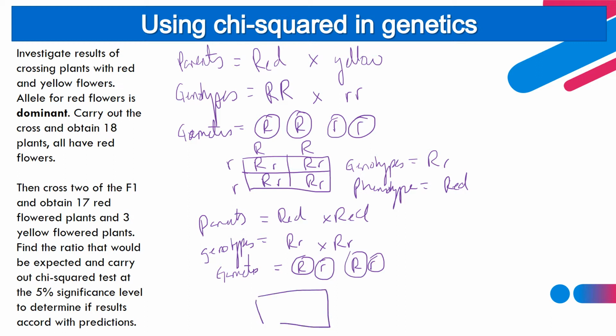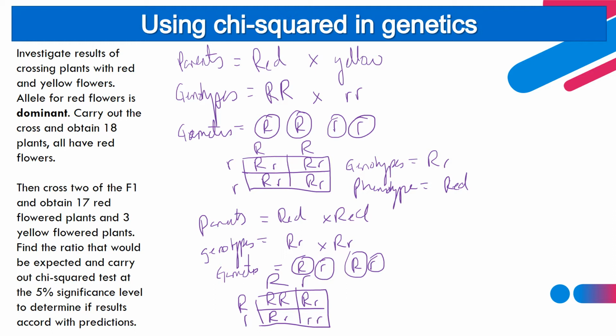And if we do our cross, we can see here a dominant, homozygous, heterozygous, heterozygous, homozygous, recessive.